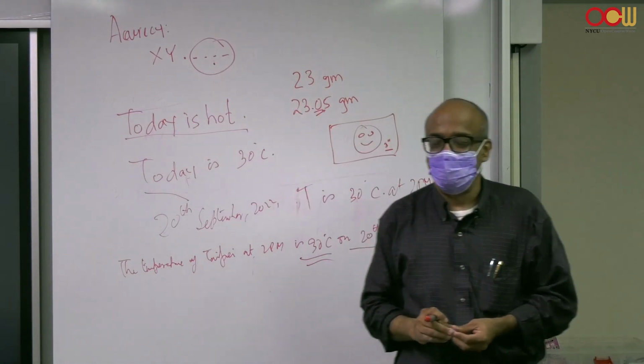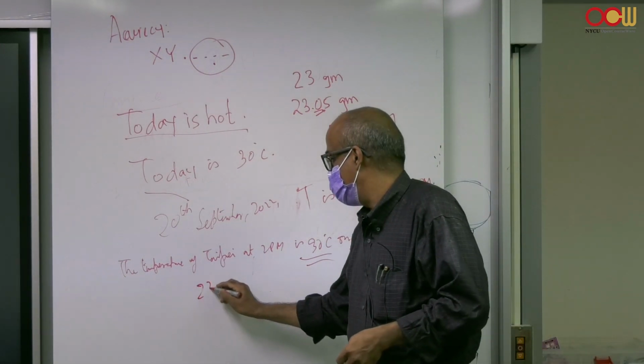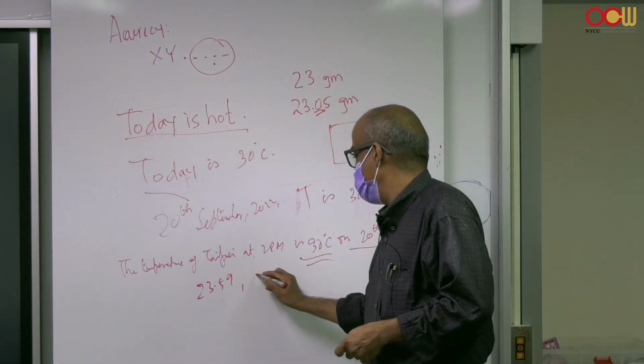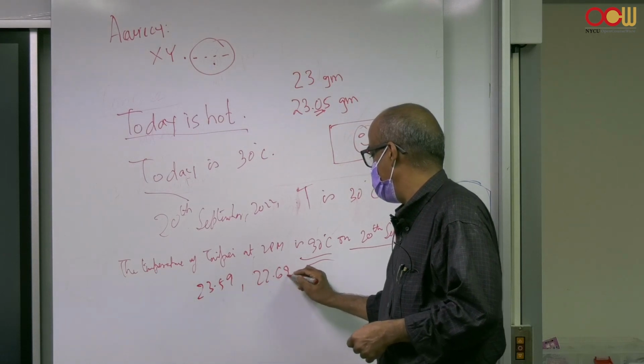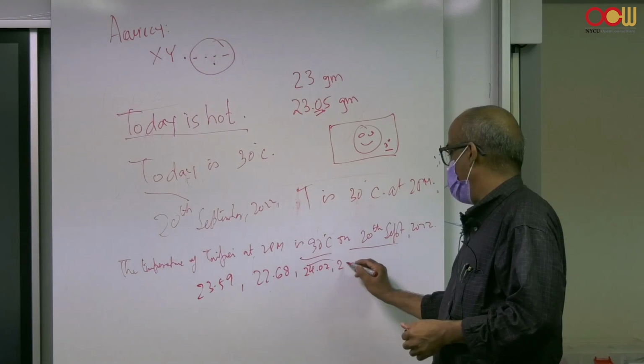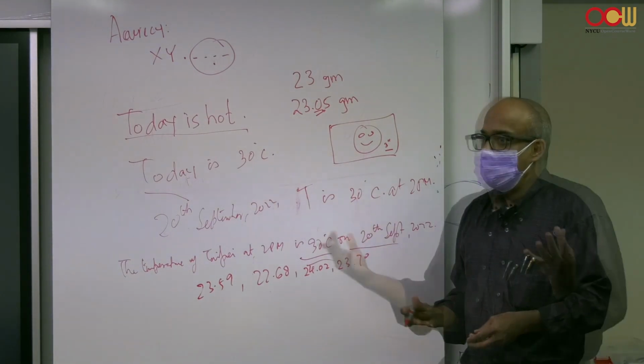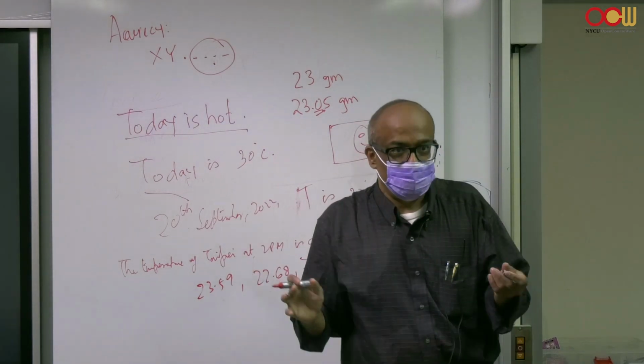Sometimes you will make a mistake. You get 4 pieces of data, 23.59, 22.68, 24.02, 23.70. And you take a mean of it. Mean means average.